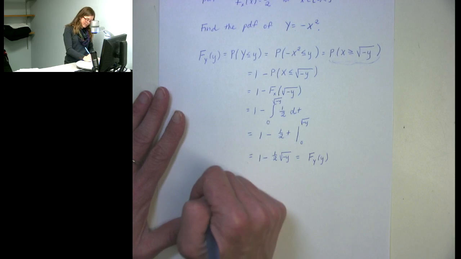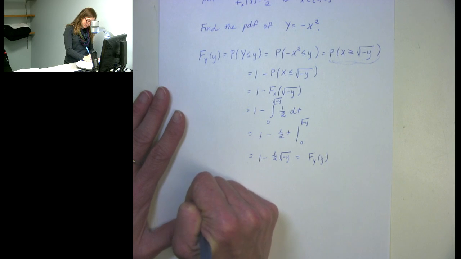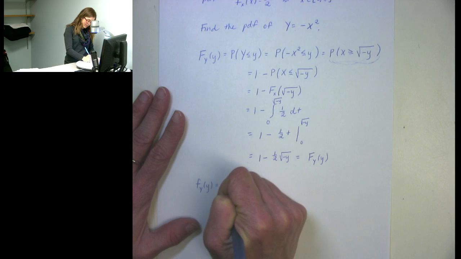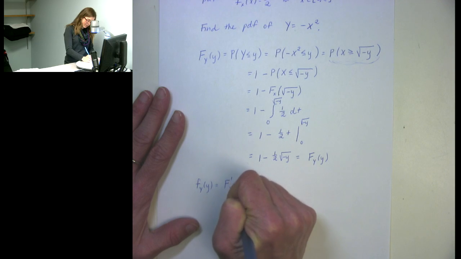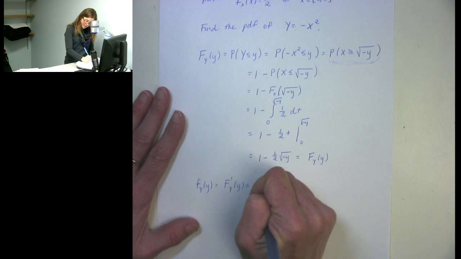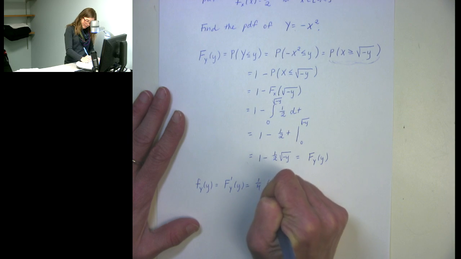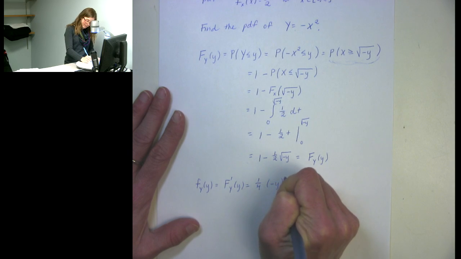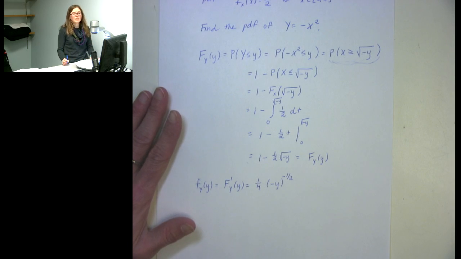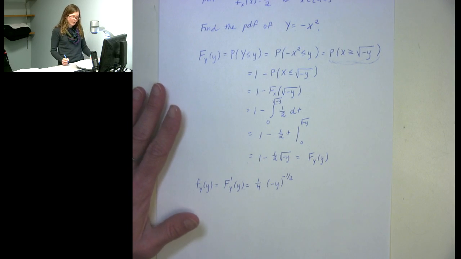Now the next step to find the probability density function of y is to take the first derivative of the cumulative distribution function. So this gives me 1/4 times minus y to the negative 1/2. And again, I need to think about what the support would be for this function.